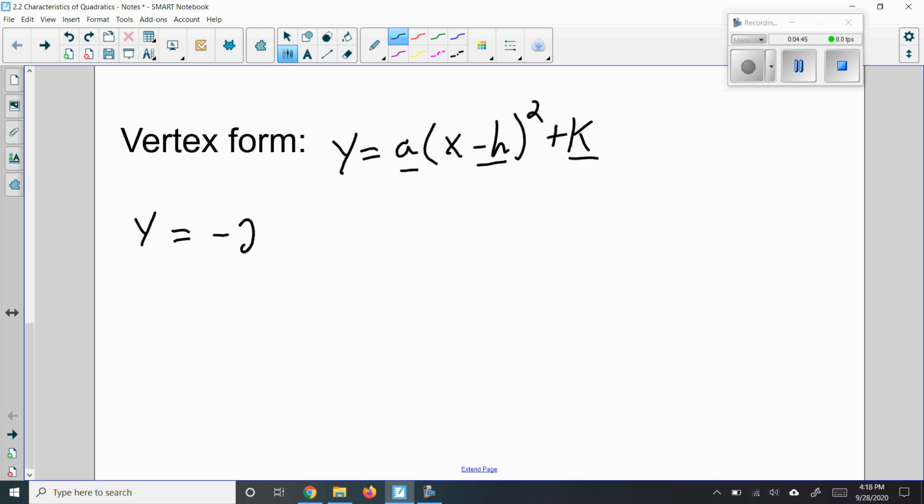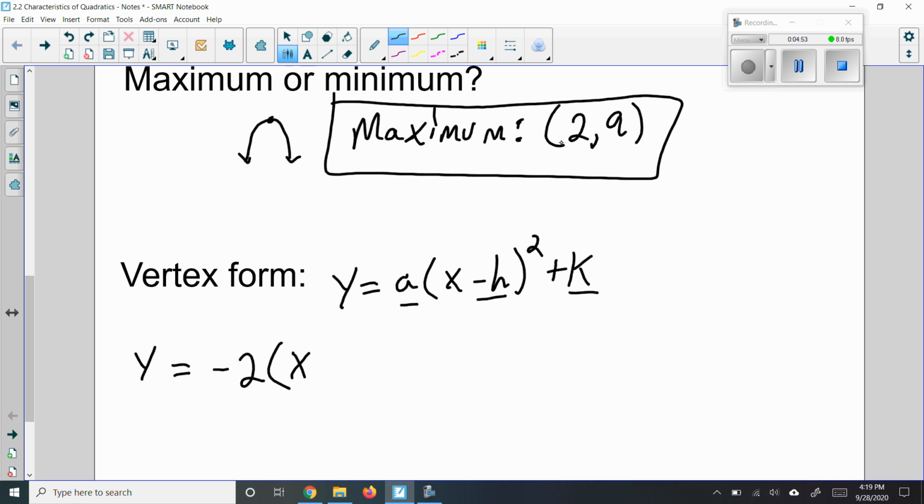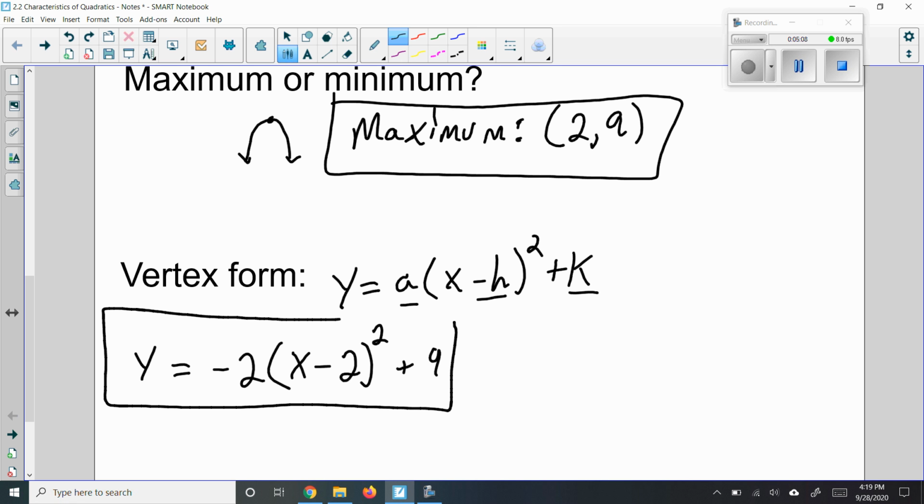So y equals negative 2 times x. Well, what was the x coordinate of our vertex? It was 2. And remember, we do the opposite. So this is going to be minus 2 squared. And k is the y-coordinate of our vertex. So this is the equation in vertex form.